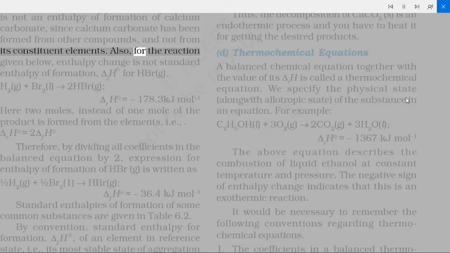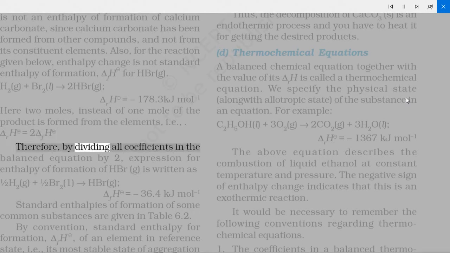Also, for the reaction given below, the enthalpy change is not the standard enthalpy of formation, ΔfH° for HBr(g): H2(g) + Br2(l) → 2HBr(g), ΔrH° = −72.8 kJ mol⁻¹. Here 2 moles, instead of 1 mole, of the product is formed from the elements, i.e., ΔrH° = 2ΔfH°.